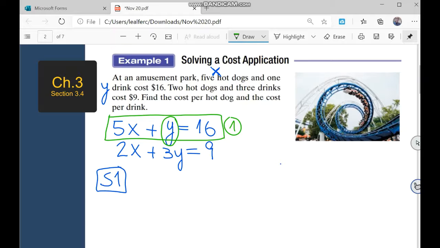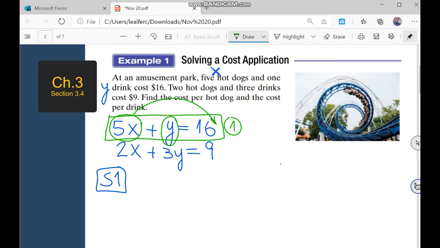We will isolate y. To do this, we're going to move 5x to the right hand side and keep only y on the left hand side. When we move 5x to the right hand side, we move it with the opposite sign. If it's positive here, it's going to be negative over there. Why? Because this is the addition property.